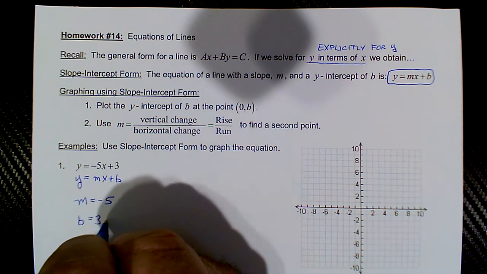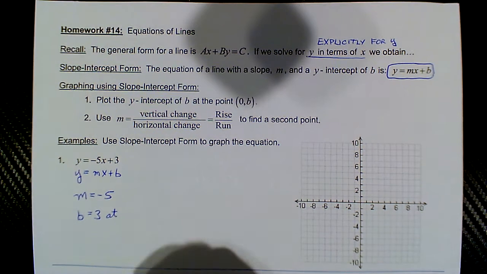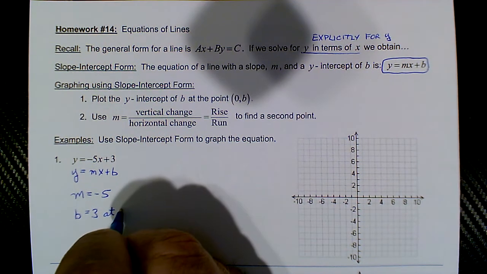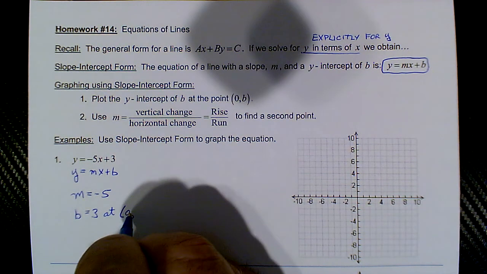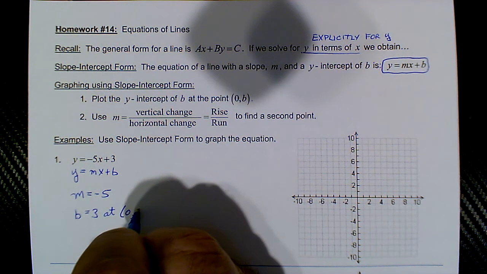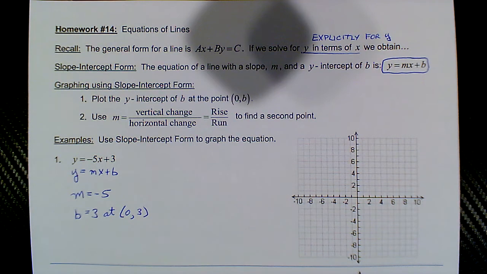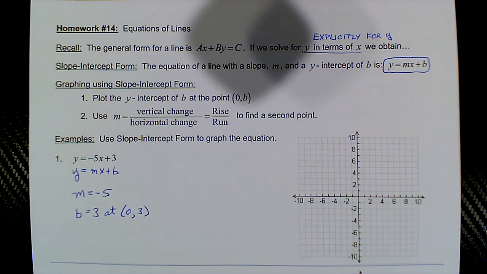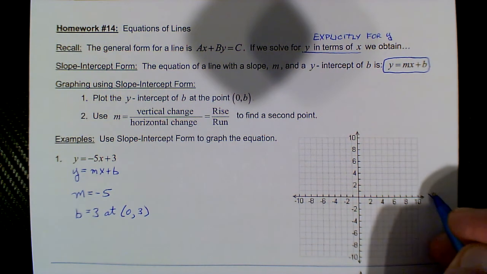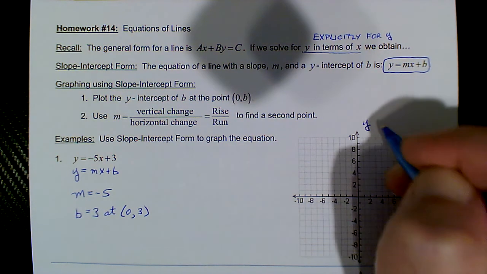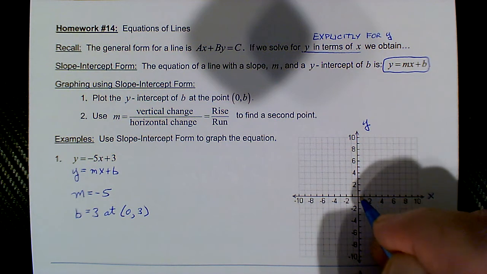And it's good practice to say that the y-intercept b is at the point (0, 3), to remind you that that's the ordered pair that lies on the y-axis. So the first thing is to plot the y-intercept. So we go to (0, 3), so 0 in the x, 3 in the y.